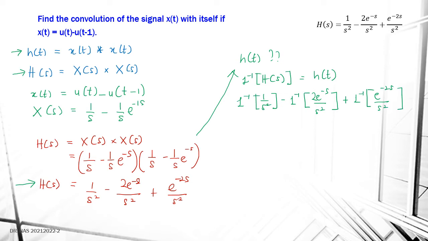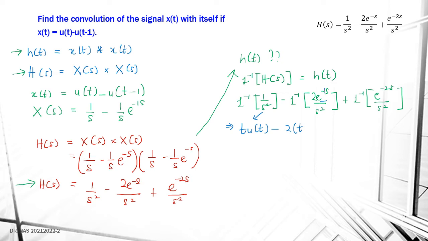Okay, as in the previous example, when you have 1 over s squared, it is equal to the t function. So this is equal to t u(t), minus 2, again t. When you have an exponential function, you know the signal is being shifted by a.